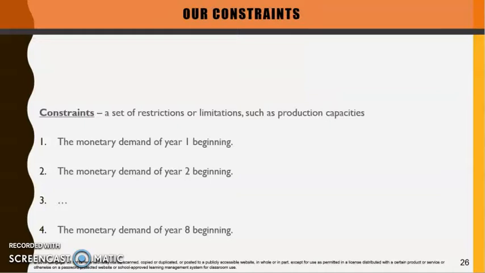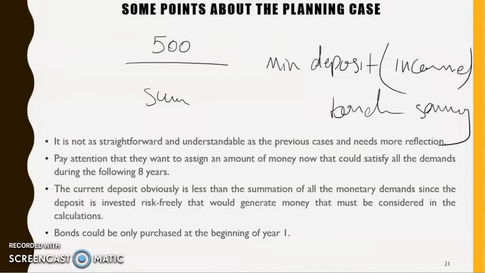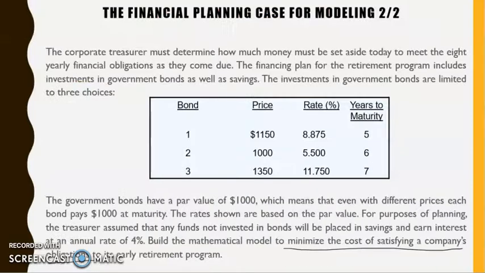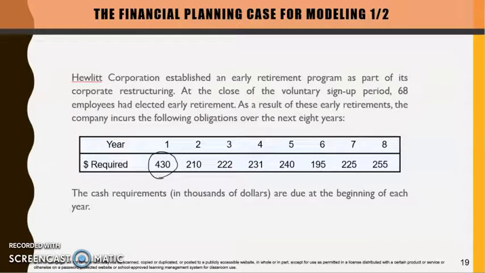The main constraints that we have in this problem are the monetary demands that must be satisfied. What are those monetary demands? You can see them in front of you. For year 2, you need to have 210. For year 3, you need to have 222. For year 4, you have 231.